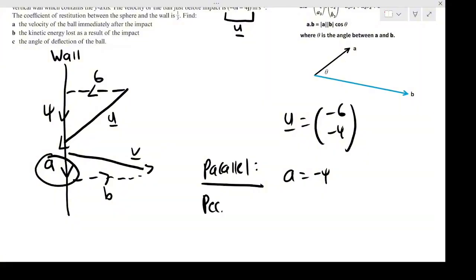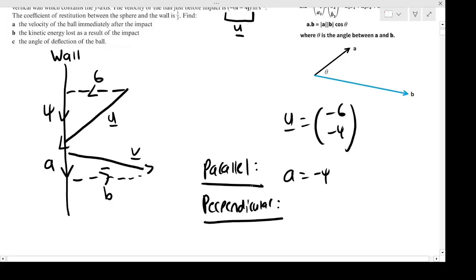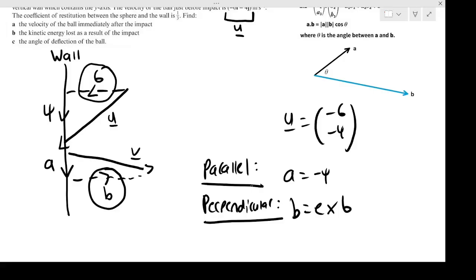Then perpendicular. The perpendicular part, b, is going to be e lots of the original perpendicular part. So it's going to be e times 6. Now b is going to be positive because b is going to the right.